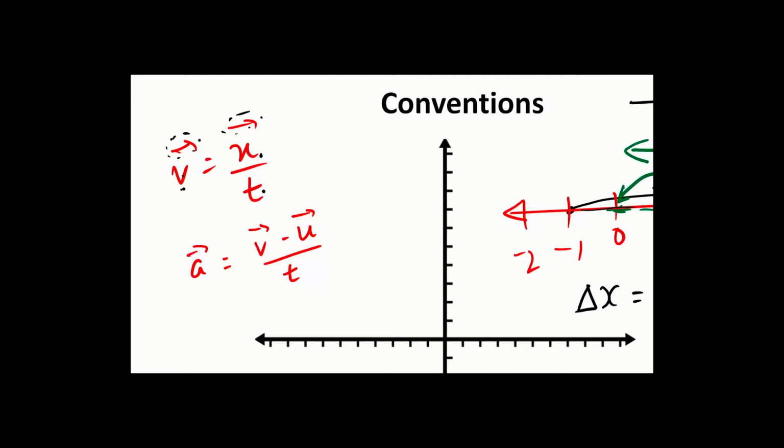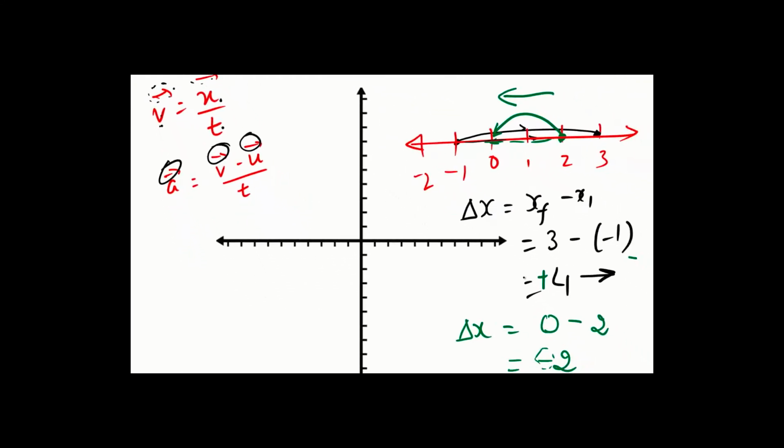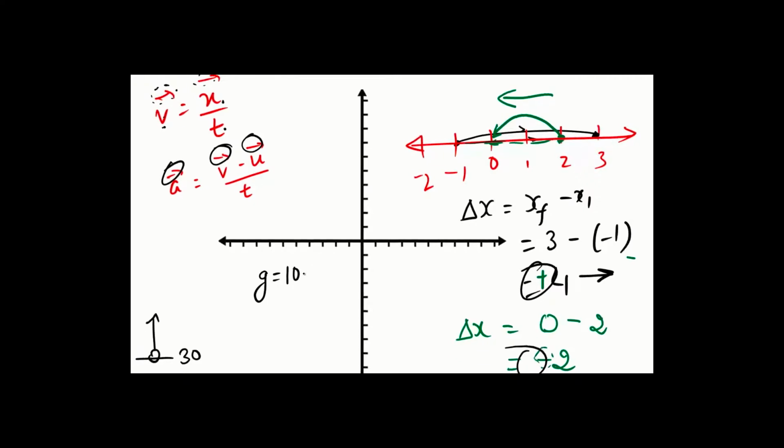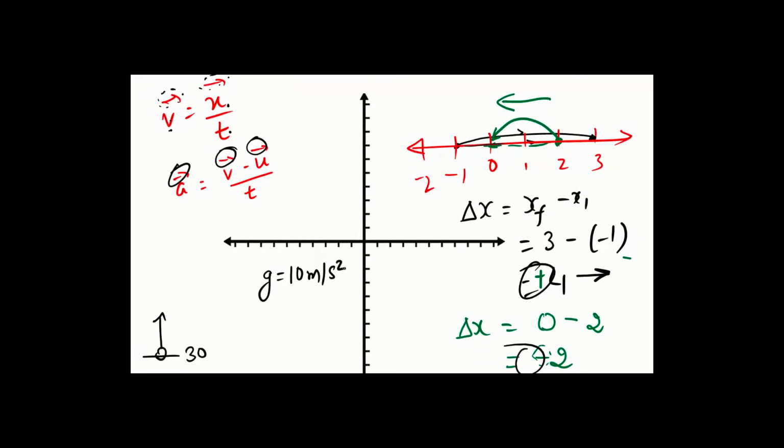So how to decide? We'll decide on the basis of change in velocity. Because our question is pretty simple, we don't have to use these vector formats, it will be just positive or negative. Let's say I have thrown a ball in the upward direction, so its velocity is 30. Now let's take acceleration due to gravity to be 10 meter per second square. After 1 second, what would be its velocity? As it is 10 meter per second square, velocity is changing by 10 meter per second every second.